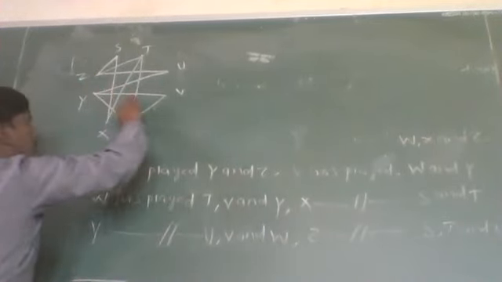These are the 8 teams, S, T, U, V, W, X, Y, and Z. We can draw this in another way.